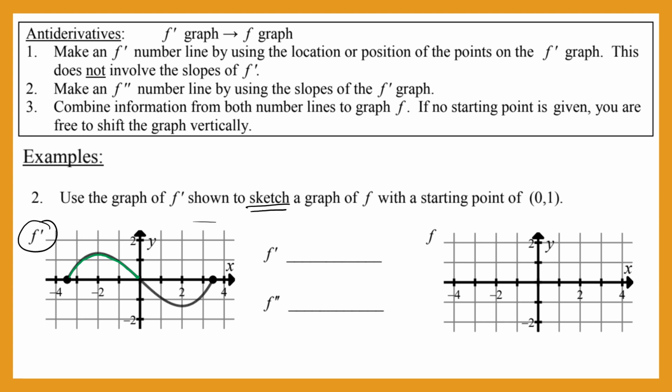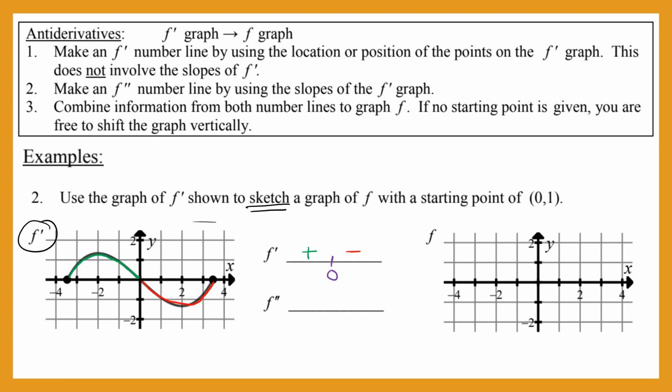And then we move into the negative realm right here at 0. So that's the information we need to build our f prime line. Our important point that we switch from positive to negative is 0. So from -3.5 to 0, we're positive. And from 0 to 3.5, we're going to be negative.